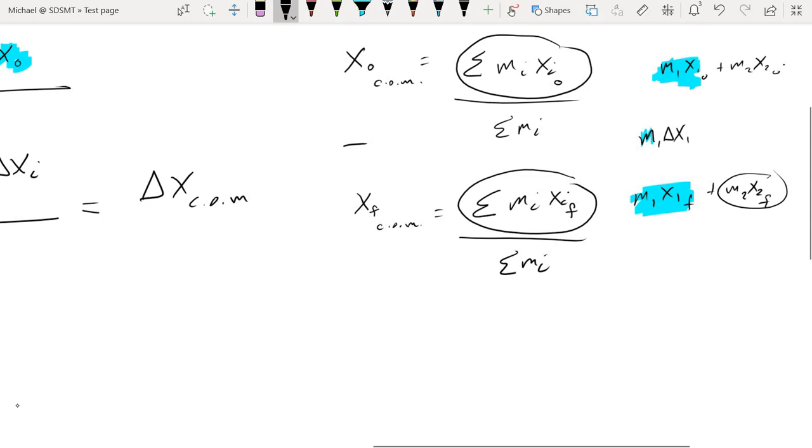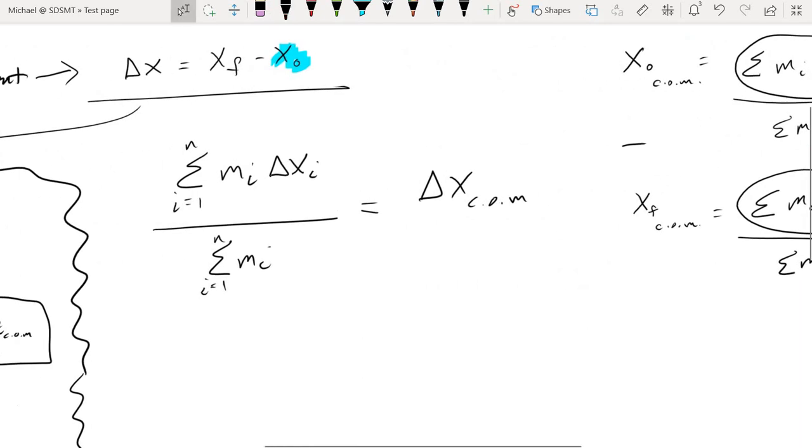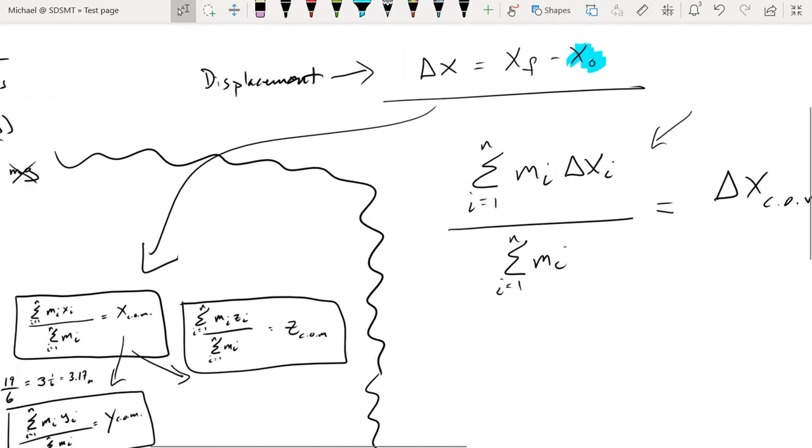And then when I take the difference in the next set, what I end up with is mass 2 times the change in position for mass 2, and so on and so forth, until eventually we get back to a summation that looks like this. So that's how we find the change in position for a center of mass. Long story short, all we had to do was incorporate a delta into our expression.